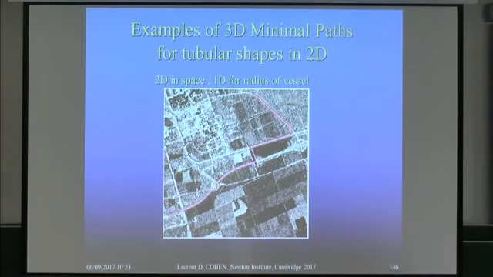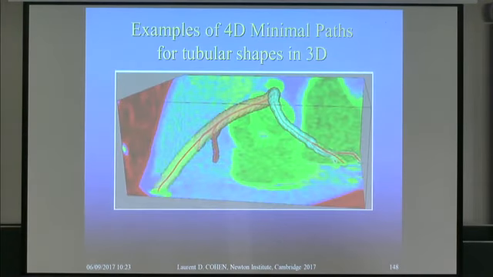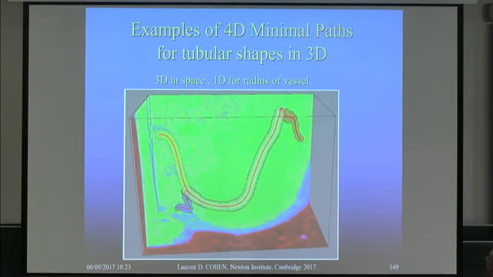And this can apply as well to road images, which look like vessels, as they are also tubular shapes. And this can be extended to 3D plus radius space, where you find here the 3D center line plus boundary of vessels in 3D images. And here is a second example. You see here a starting point, and here different endpoints, and you see that the radius can evolve along the path.